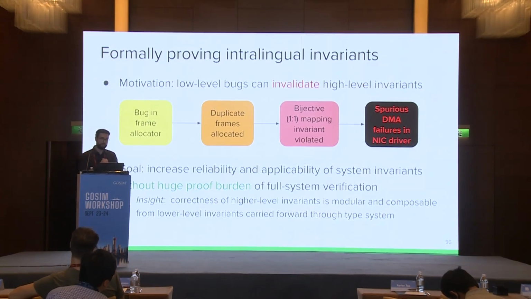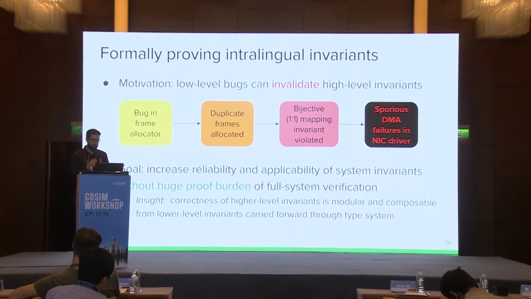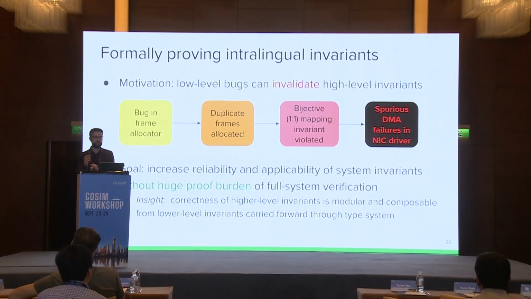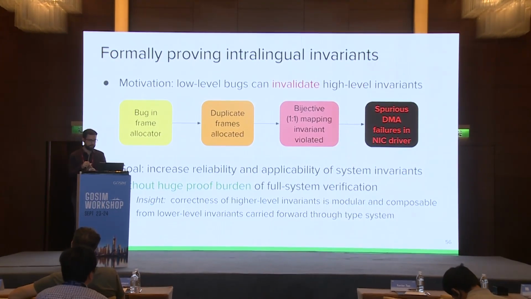So this wasted, unfortunately, my colleagues' time for about a month until we discovered this bug. And this was the motivation to dig into a lightweight verification method for proving that these system invariants are actually correct and that they hold without the monstrous proof burden that you typically get associated with full system verification.